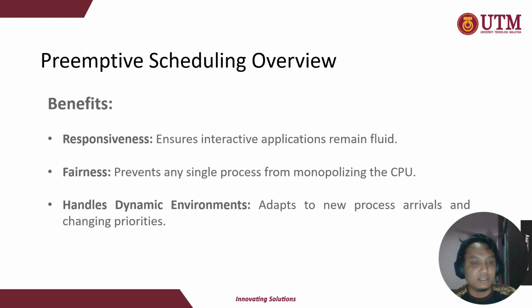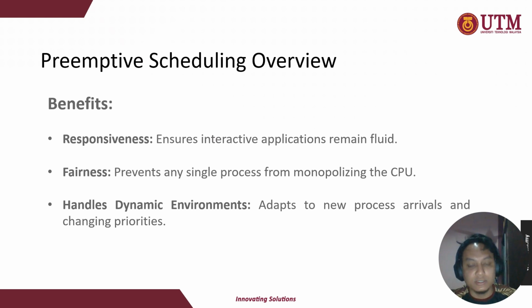So the benefit is responsiveness. It will ensure the interactive applications remain fluid, meaning you can open many applications on your laptop or desktop. Fairness: preventing any single process from monopolizing the CPU, such as the Chrome browser cannot utilize all the CPU to itself.